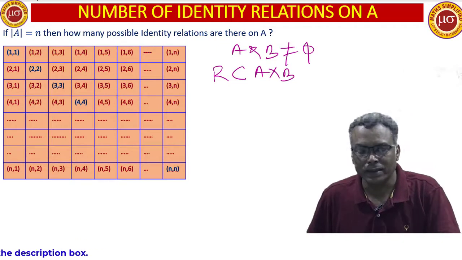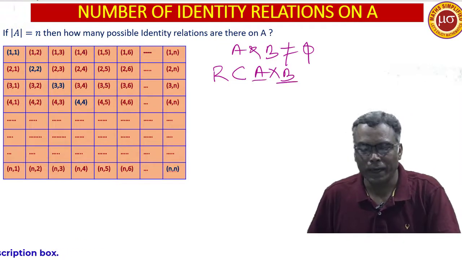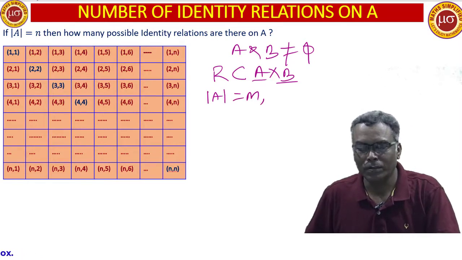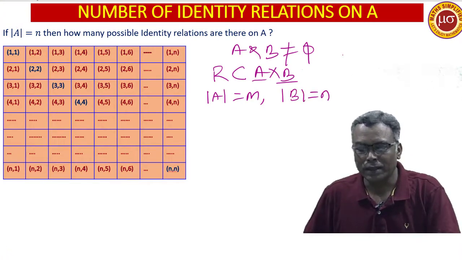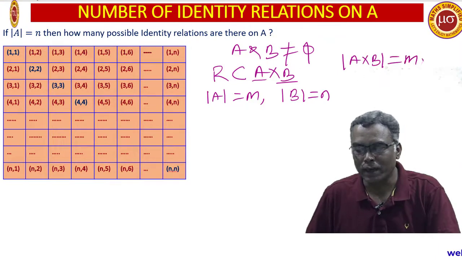In case A and B are finite, let the number of elements in A be m and the number of elements in B be n. Then the number of elements in A cross B is mn.